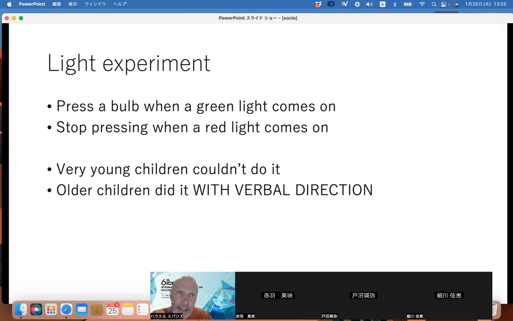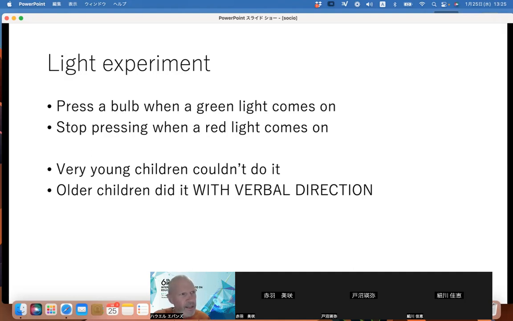So what you've got again is the sign, the symbol, the words, for example, "stop pressing." And then this structures the way the individual thinks, right? So the individual is now thinking, stop pressing, and then the action results from that.